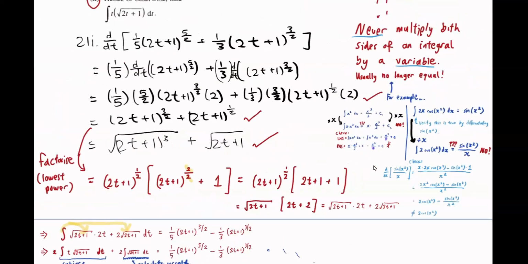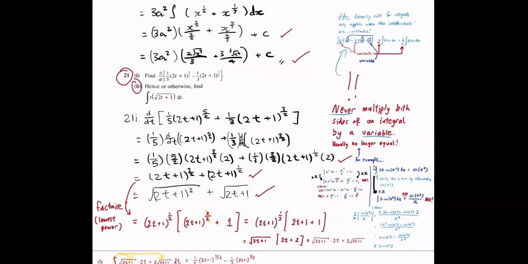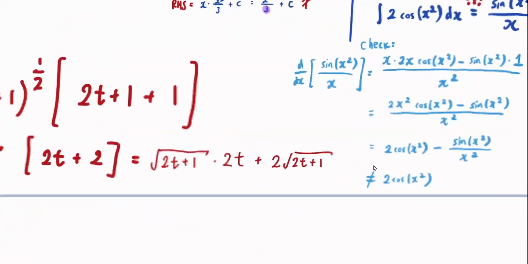Integral of t times square root of whatever. So here you have t times square root of 2t plus 1, but there's an extra factor of 2. Is it okay to have an extra factor of 2? Yeah, let's take out the 2. But then on the other side, you still have square root of 2t plus 1. Then how?